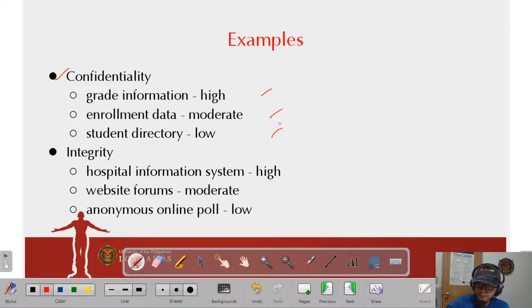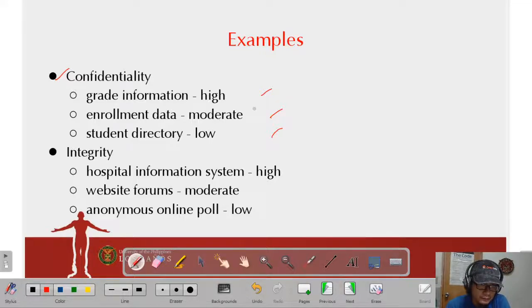Because in some countries, like in the US, the access to the grade information is limited only to certain entities. So if your grades get released publicly, then that is considered a high level impact security breach. The second one is enrollment data.